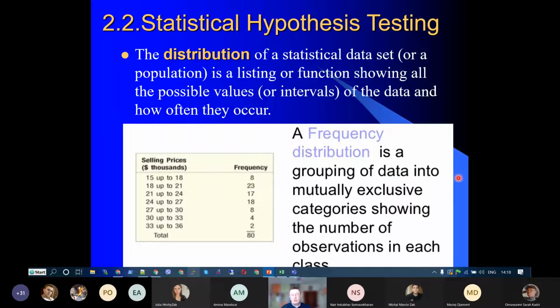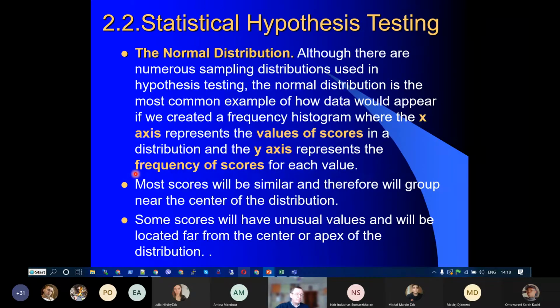And frequency distribution is grouping the data into mutually exclusive categories, showing the number of observations in each class. So here is how it could be seen and how it could be represented. The idea of distribution is required to define normal distribution as well as other types of distribution.